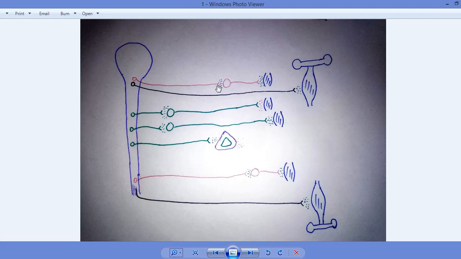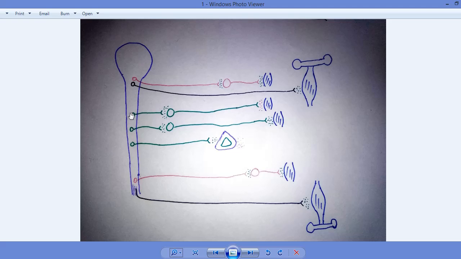At the ganglion, or at the junction between the muscle and the neuronal ending, the neurotransmitter secreted will be acetylcholine, just like the somatic nervous system. This was about the neurotransmitter of the parasympathetic nervous system.